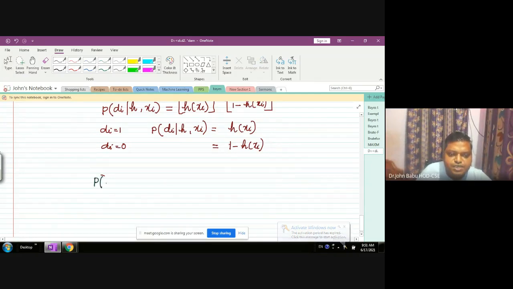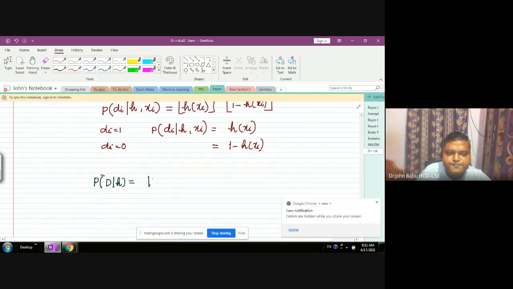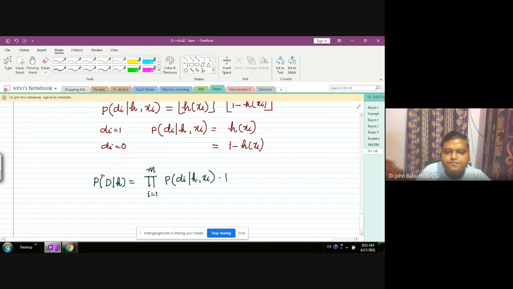Probability of data given h is this equation.